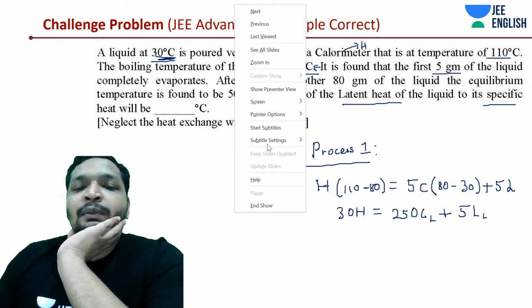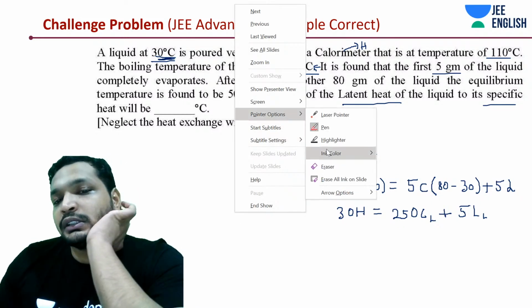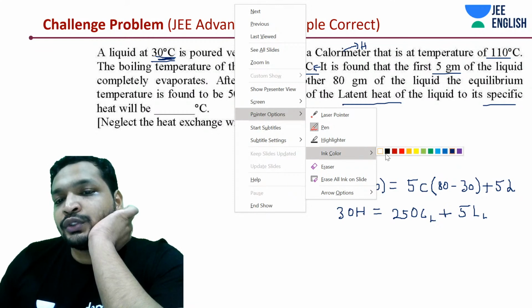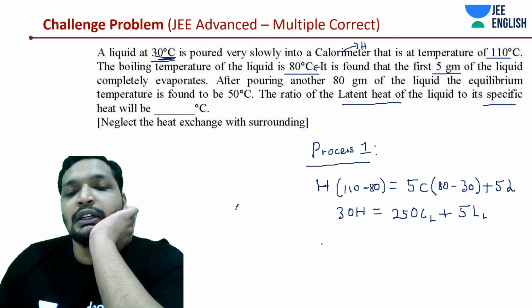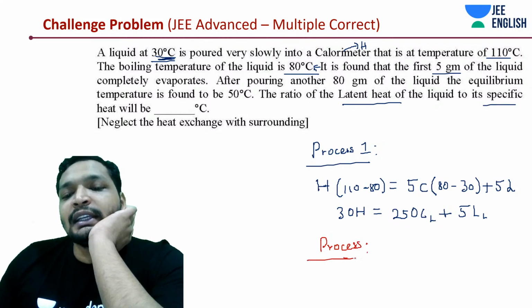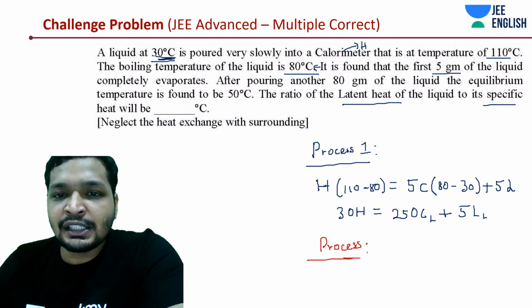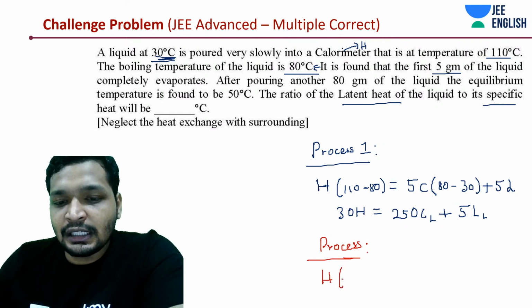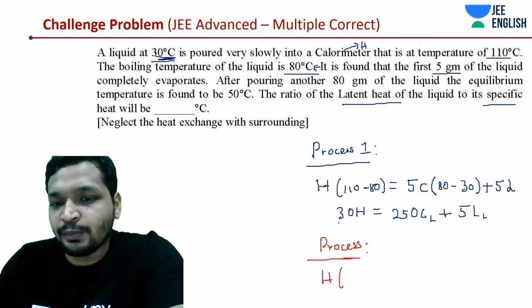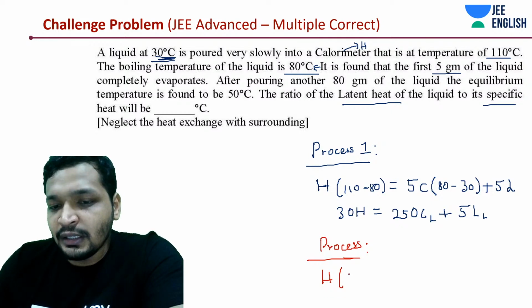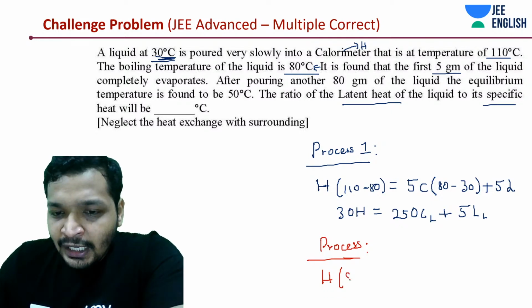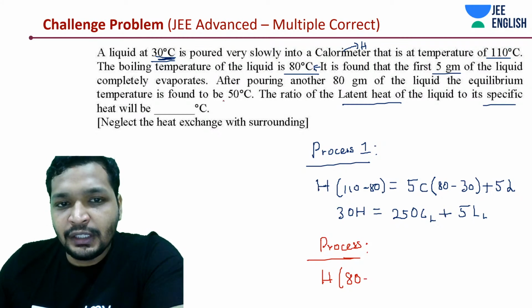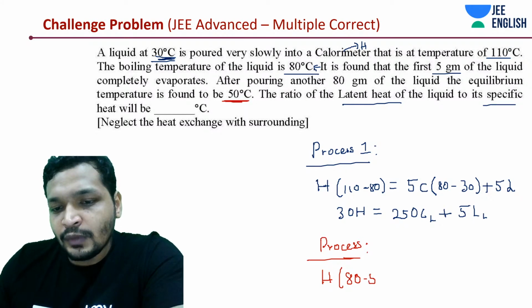And now there is also process 2 involved in this, and it is going to give us the hint. Process 2 is simple, where the calorimeter reaches 50 degrees Celsius from 80 degrees. Both of them have already reached 80 degrees Celsius, so it is reaching 50 degrees Celsius, 80 minus 50 at equilibrium.